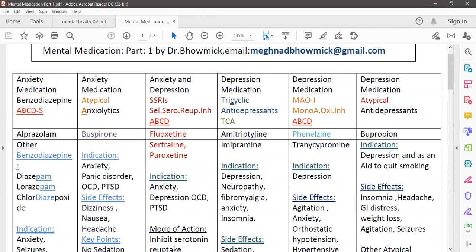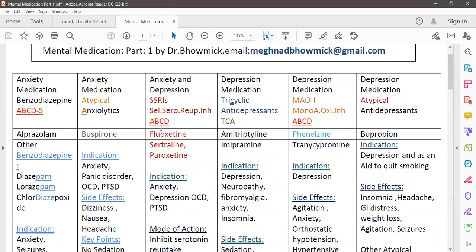B stands for blurring of vision. C stands for constipation or confusion. D stands for dry mouth or dizziness. And the last one, S stands for stasis of urine, or retention of urine, and sedation. So the easy way to remember from today is ABCD.